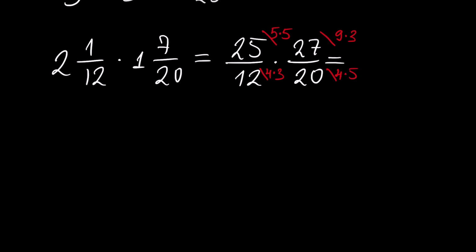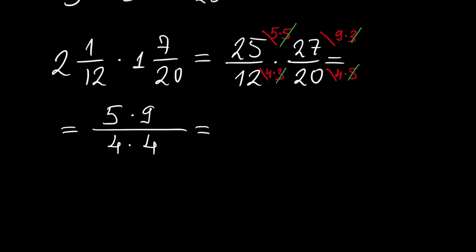We can cancel this 5 by this 5, and this 3 is cancelled by this 3, and we have what we have left. We have 5 times 9 over 4 times 4.